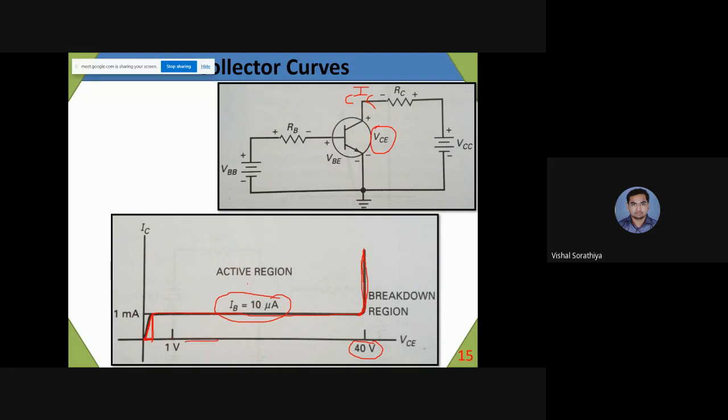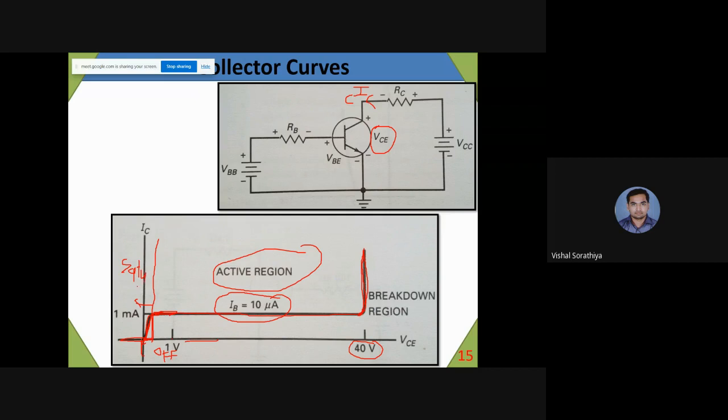This is considered the active region. After the breakdown region, your transistor gets damaged. Below this particular voltage is the off state. This is an active state. And the region before reaching a particular constant current is considered the saturation state.